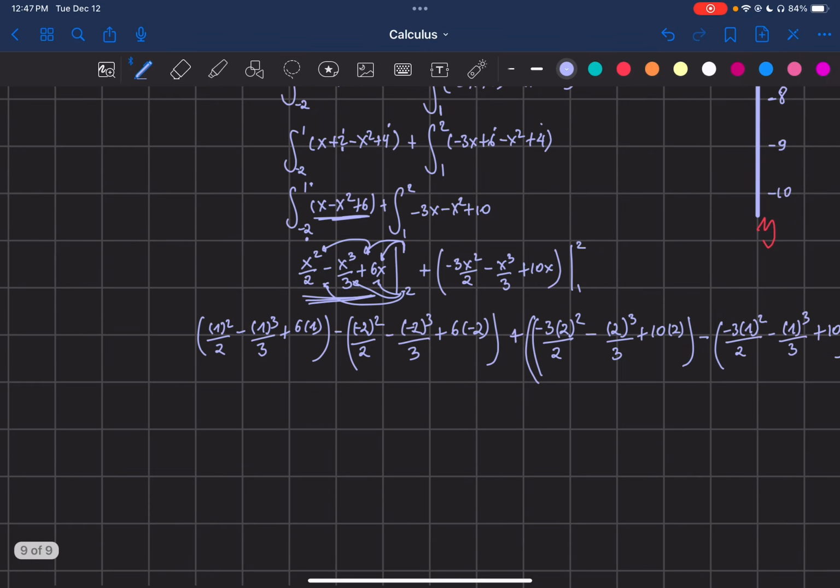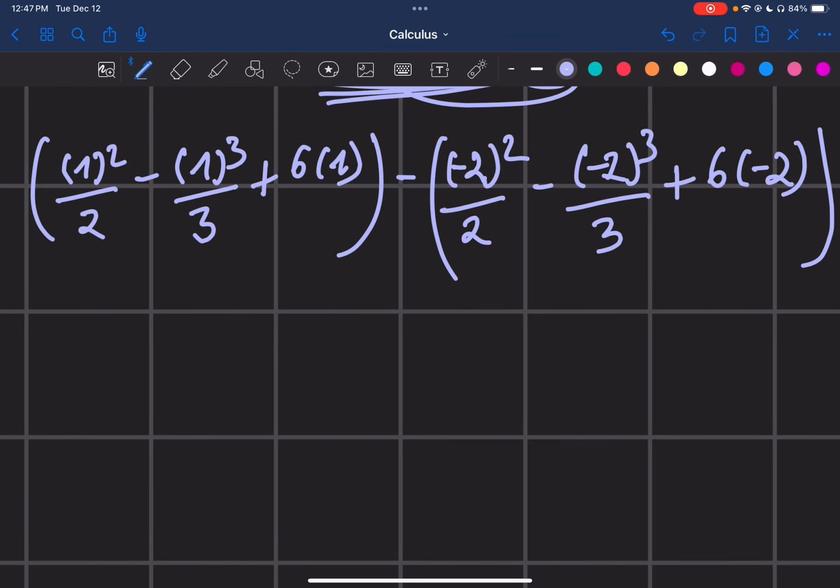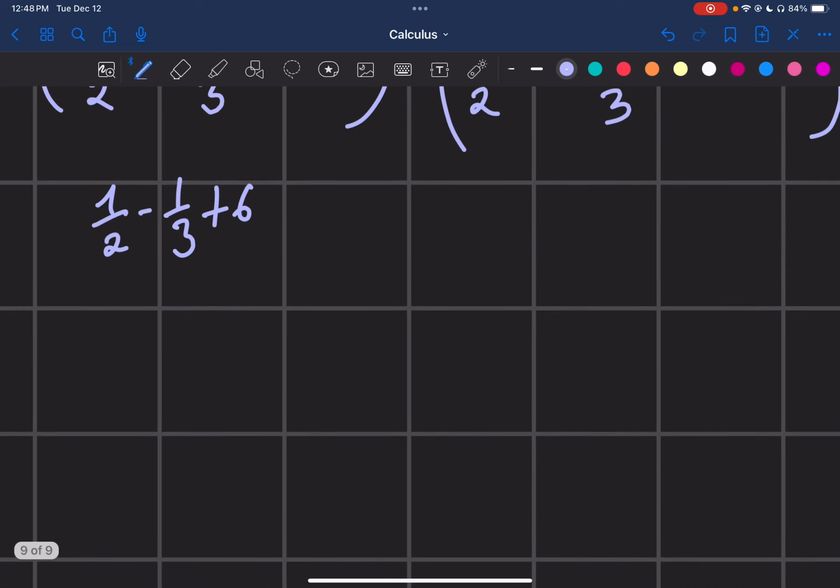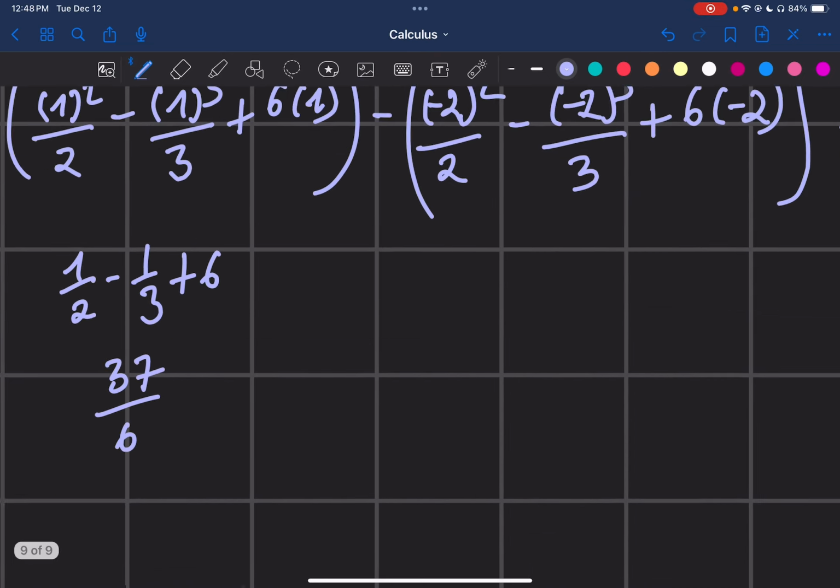Now, plug this one in your calculator. So I'm going to end up with 1 over 2 minus 1 cubed over 3 plus 6. What does that give me? 1 over 2 minus 1/3 plus 6. This gives me 37 over 6.